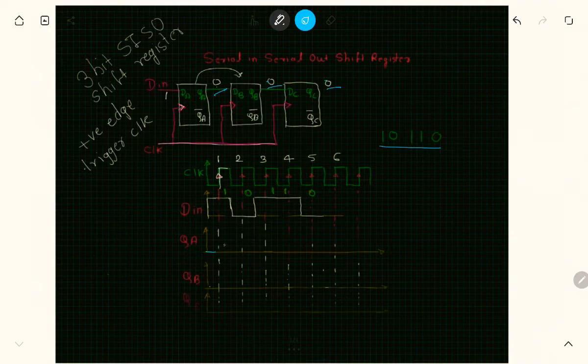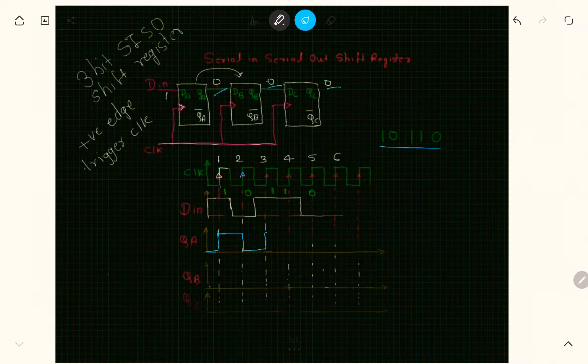This first flip-flop gets triggered during the positive clock edge of the clock. Then during one cycle, when the input changes, the output of the first flip-flop also changes.